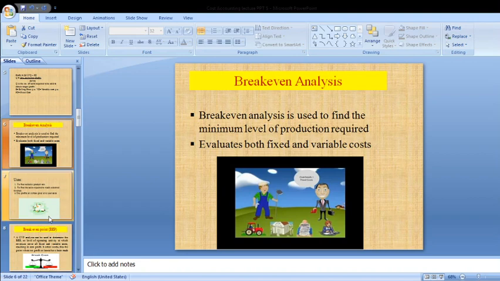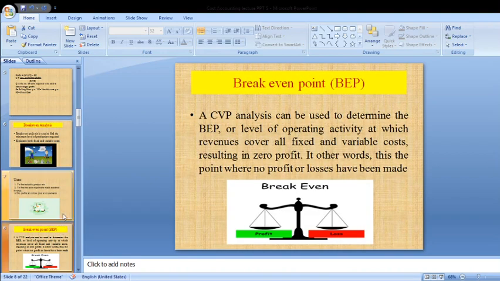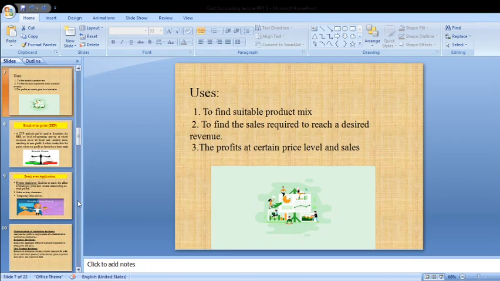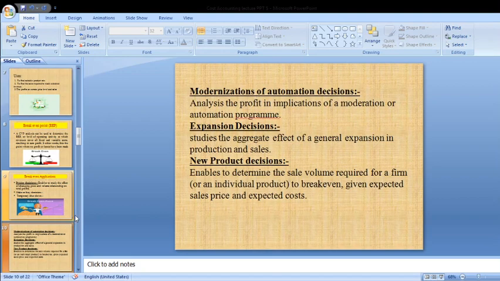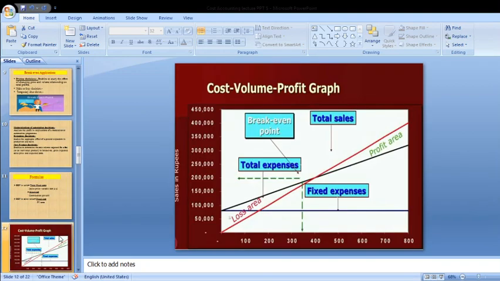Now this is the CVP, cost volume profit graph analysis. It is also called the break-even chart. Have a look at it carefully. It is very important and I think all concepts will become clear if you just look at it for a few seconds. Getting it?